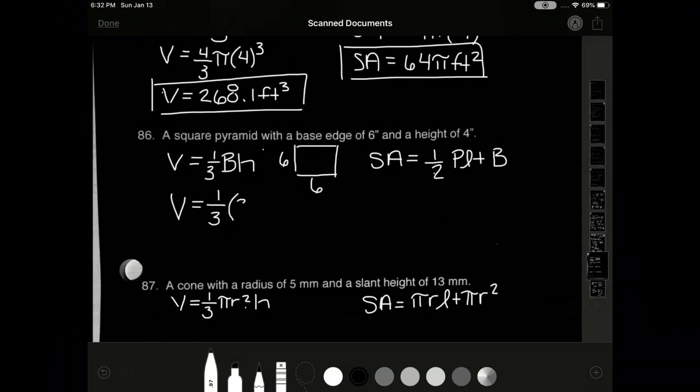So it's 1/3 times 36 times a height of 4. Well, 1/3 of 36 is just 12, because 36 divided by 3 is 12, and 12 times 4 is 48. So our volume is 48 inches cubed.